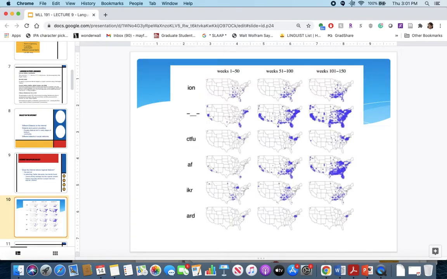So this is a graph or a map of the different acronyms or internet speak that they have. Some of you might be familiar with this. Some of them I had to look up. So you could see that in the inception stages of these words, they're grouped in certain cities.